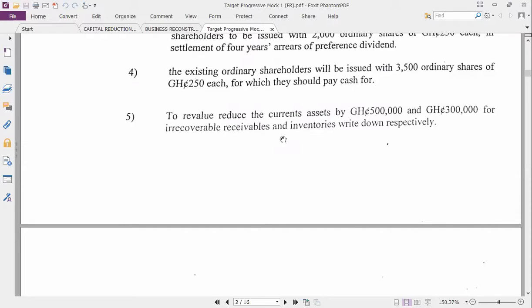So they did a revaluation of the non-current asset, then it was reduced by 500.